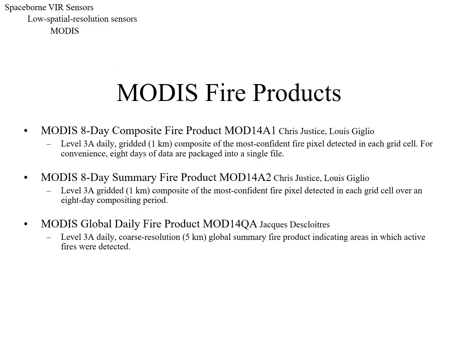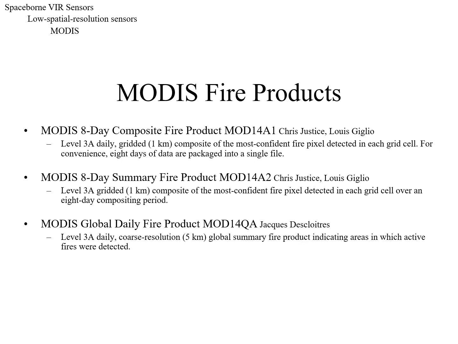There are then the MODIS fire products, and there are 3 fire products. There's an 8-day composite fire product. There's a summary fire data product. The composite is going to tell you if there was a fire there at any point. The summary is going to tell you something about how much fire there might have been during that time.